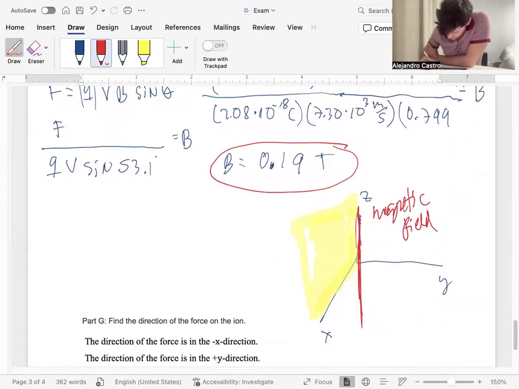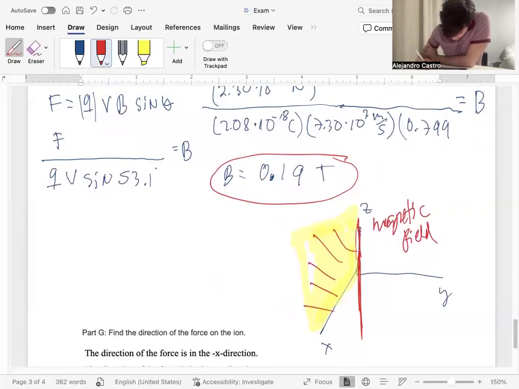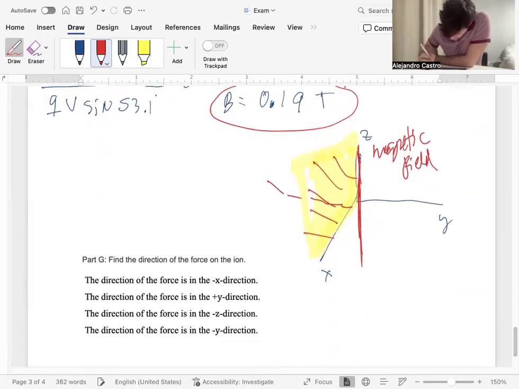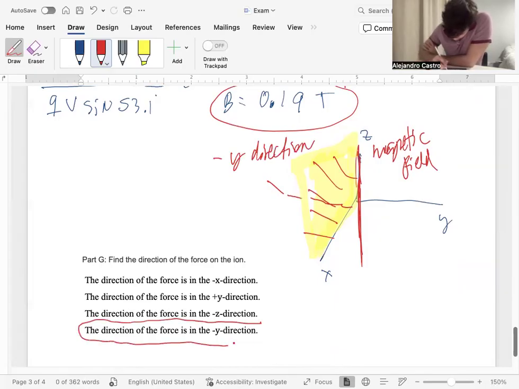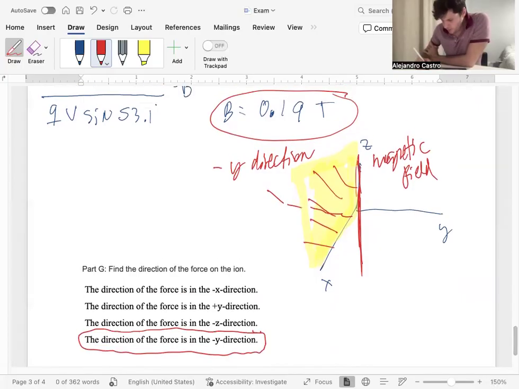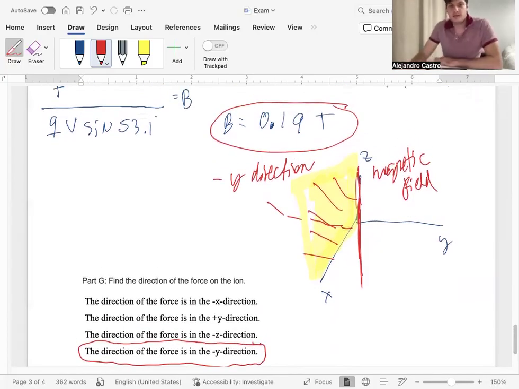And for it to go to any of this direction, if we have that force, we have to come from the negative y direction. And that concludes my exam number 5.